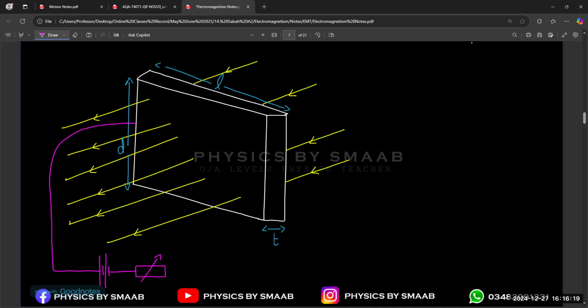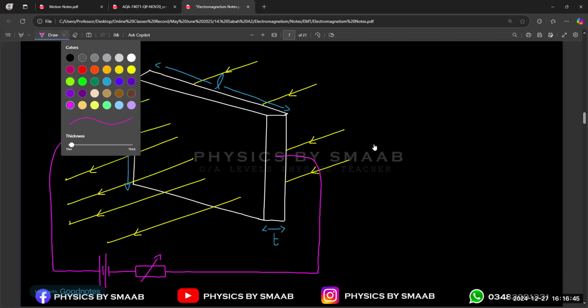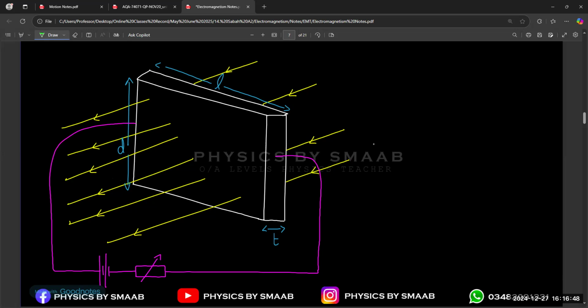We are using a variable resistor to adjust the value of the electric current. So this is the whole setup for the Hall probe. We know that the positive side is on the left-hand side. Let's suppose we connect an ammeter also. Current is going to travel from positive to negative side, so from left side to right side.